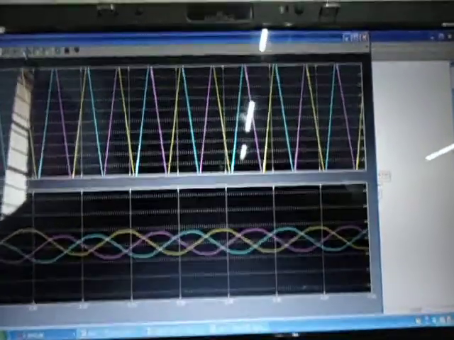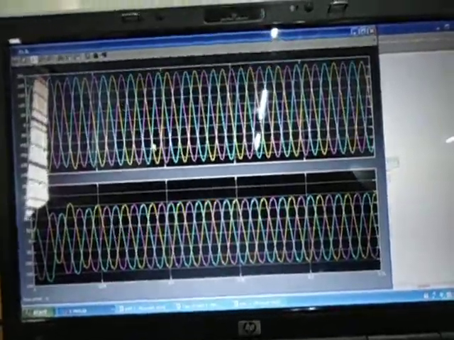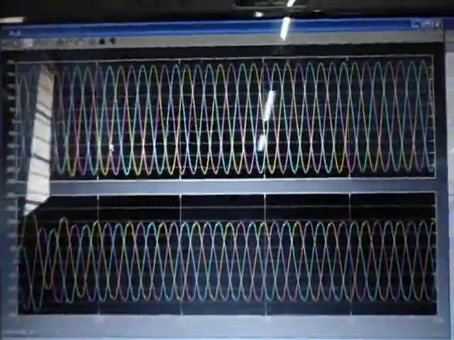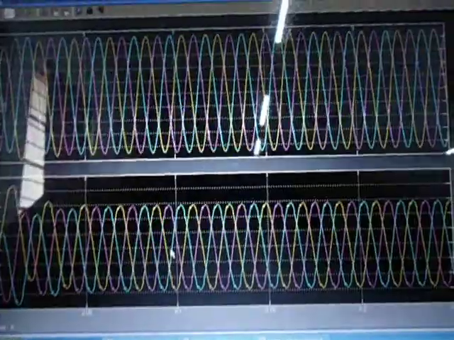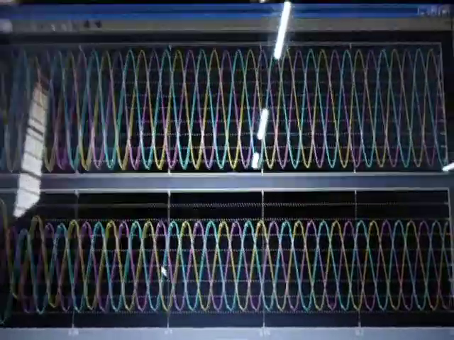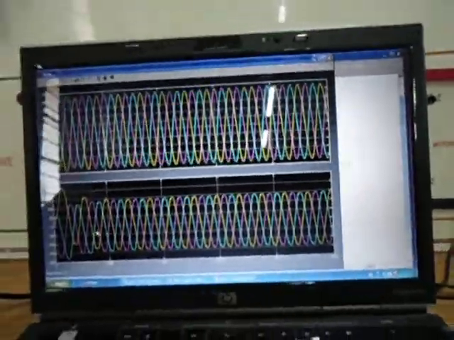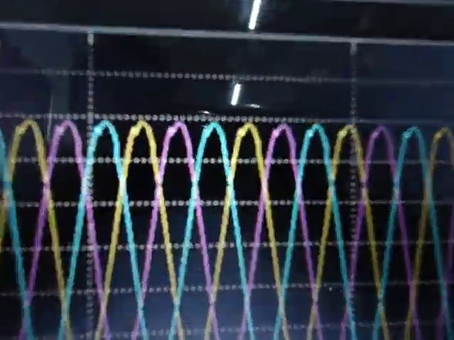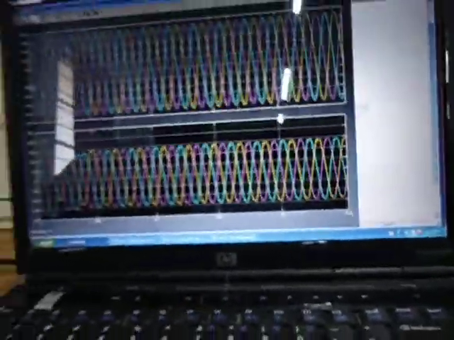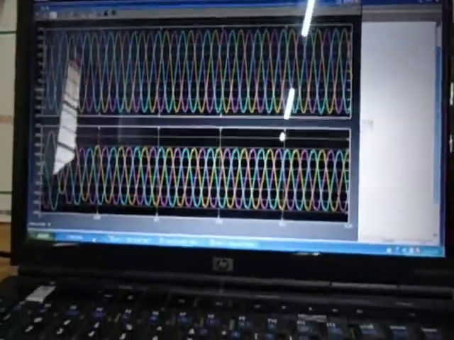These are the source voltage and current waveforms. This is the voltage waveform and this is the current waveform. By observing this current waveform, we can say that it is nearly sinusoidal, so the total harmonic distortion is reduced, and the amount of the total harmonic distortion can be given by the FFT window.